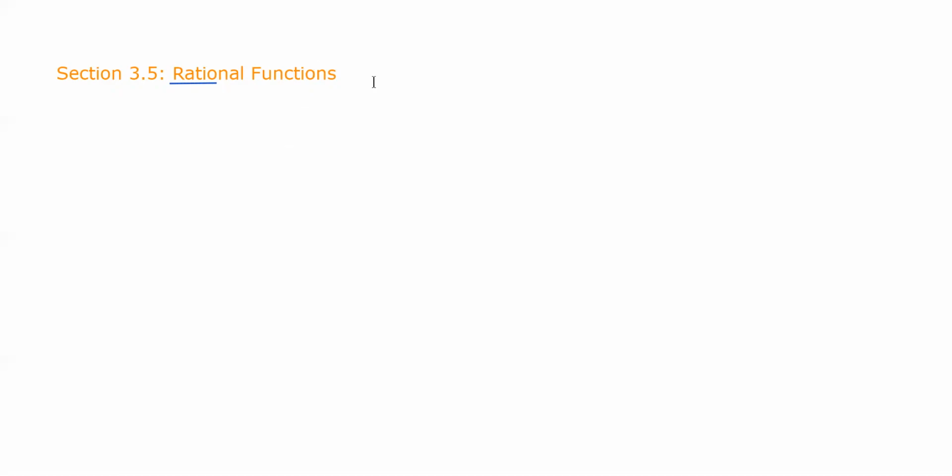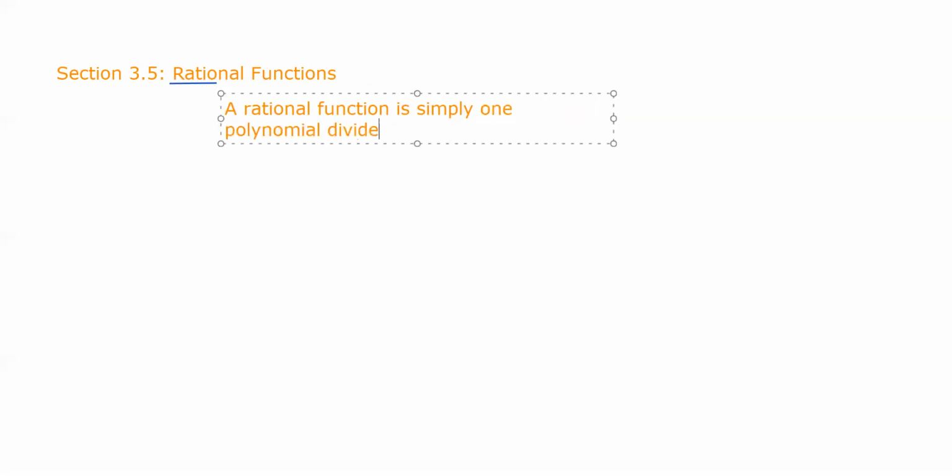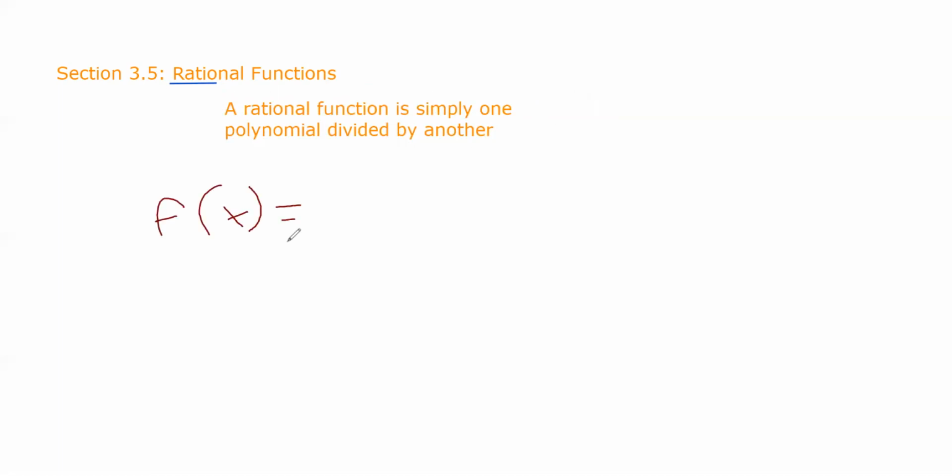A rational function is simply one polynomial divided by another. In fact, once you recognize that, it's kind of useful to recognize the degree of the top polynomial and the degree of the bottom polynomial.